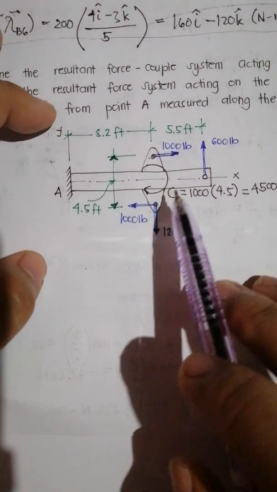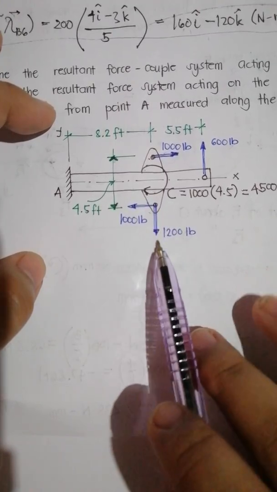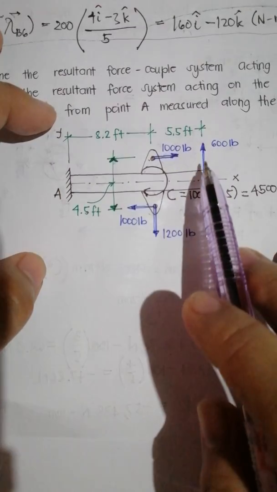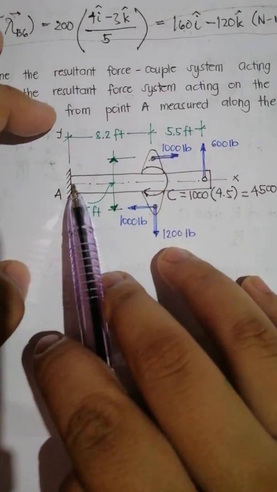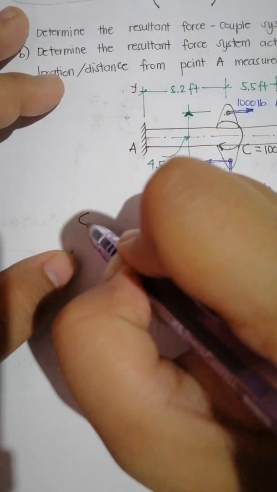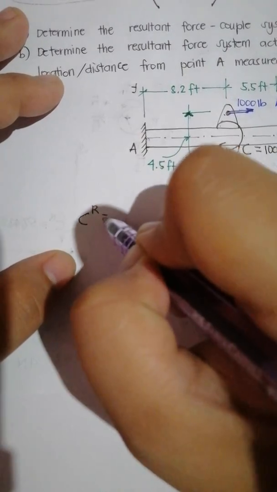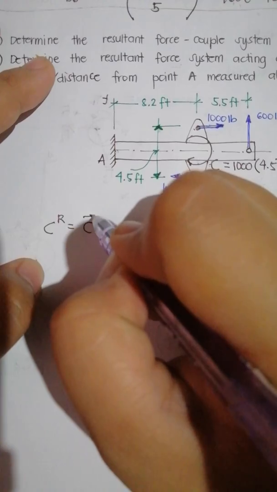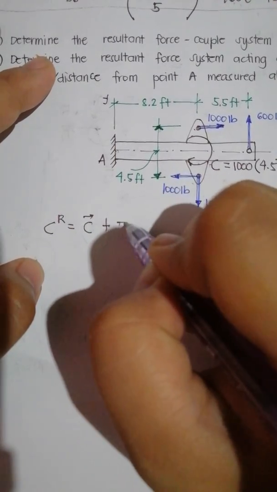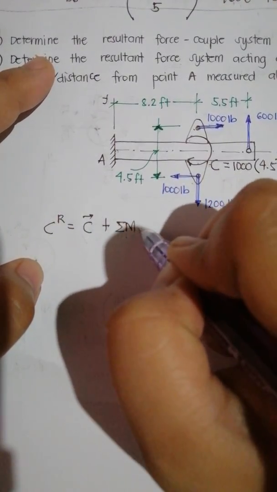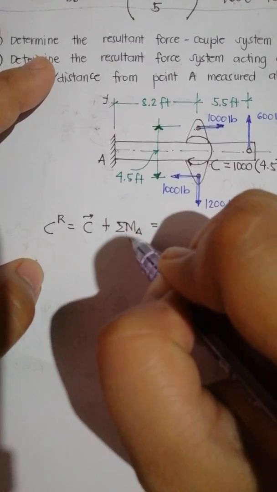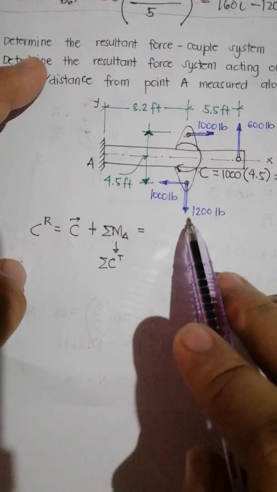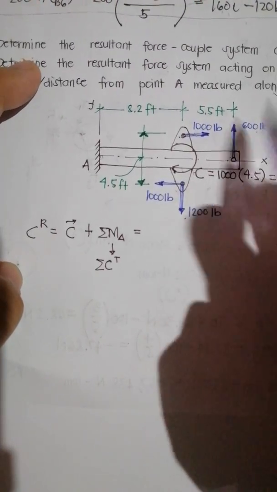Okay, so the ones that we will just transfer are the 1,200 pound force here and the 600 pound force to point A, such that the couple resultant is, we'll add the couple vector C plus the total moment about the transfer point A, because this is the total couple of transfer for both the 1,200 pound force and the 600 pound force.